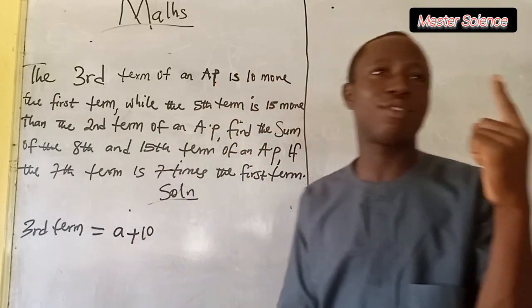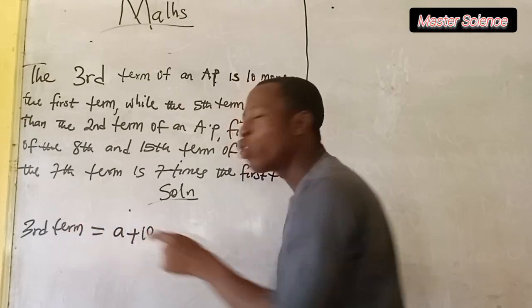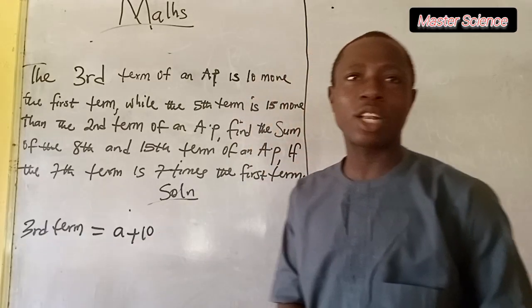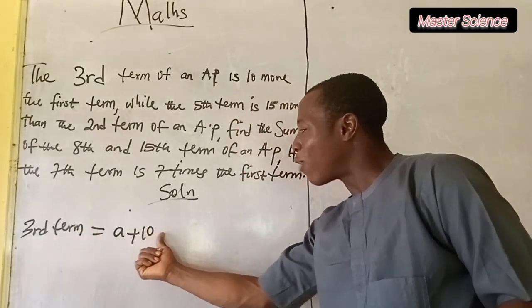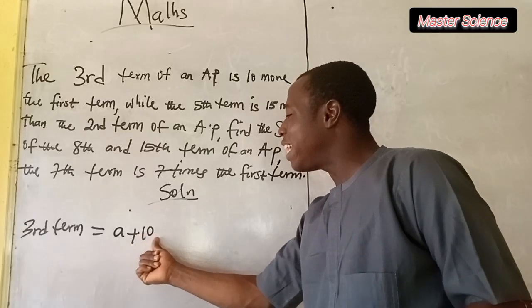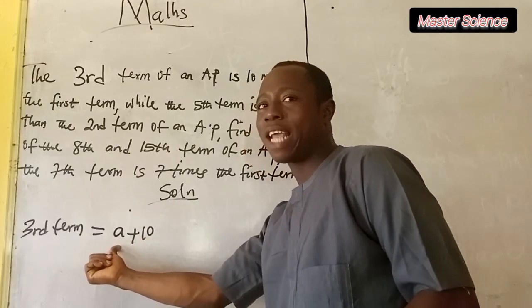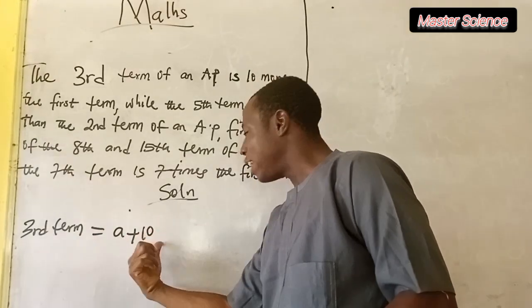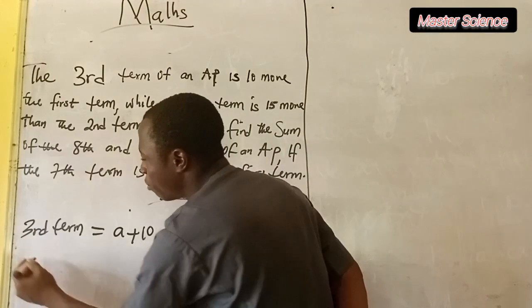It means that the third term is more than the first term by 10. So for the first term to be equal to the third term, I need to add 10 to the first term. So automatically the third term is what?